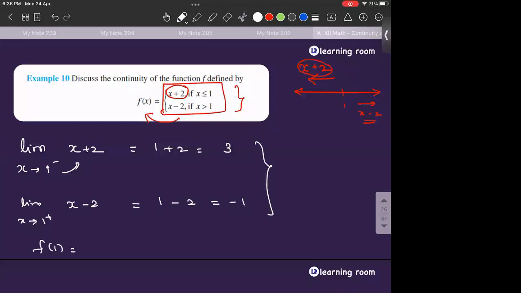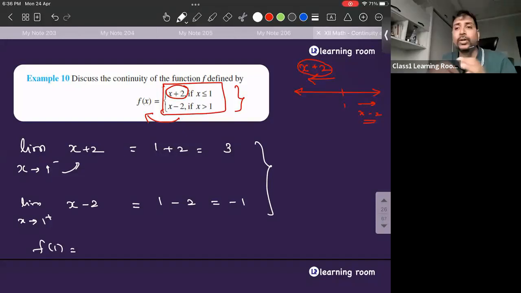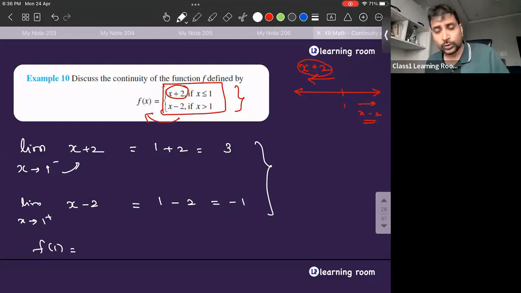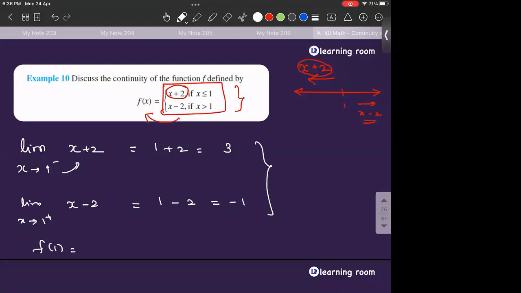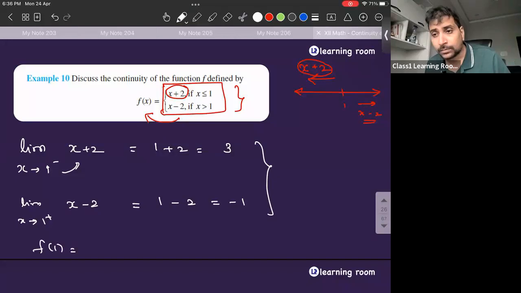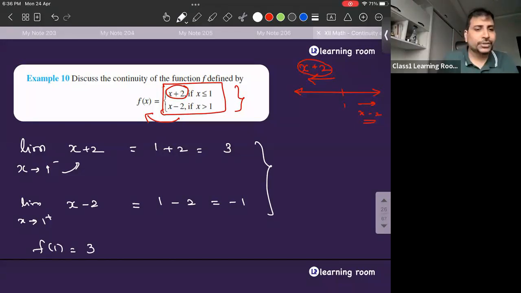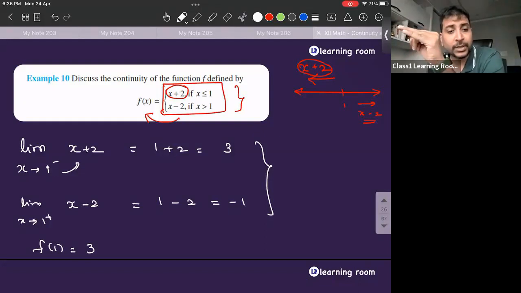What is the function value? For f of 1, which one should I take? Look at less than or equal to; which one has the equal to? x plus 2. So what is f of 1? 3. Very good. So is this function continuous? The left limit is equal to the function value, but it is not equal to the right limit.